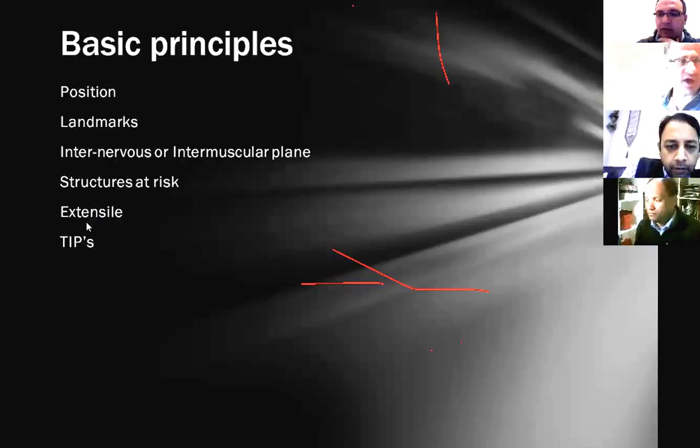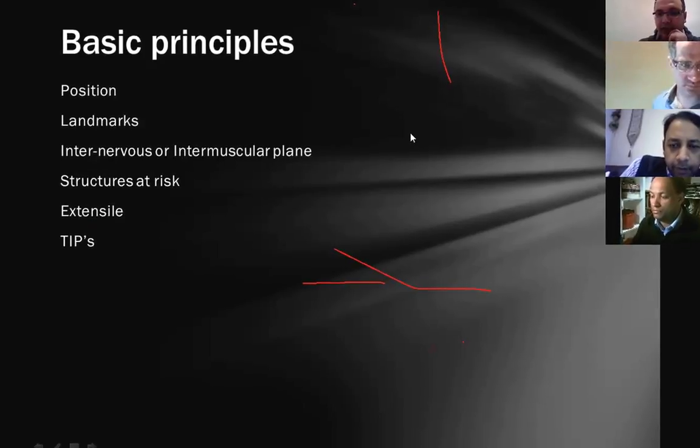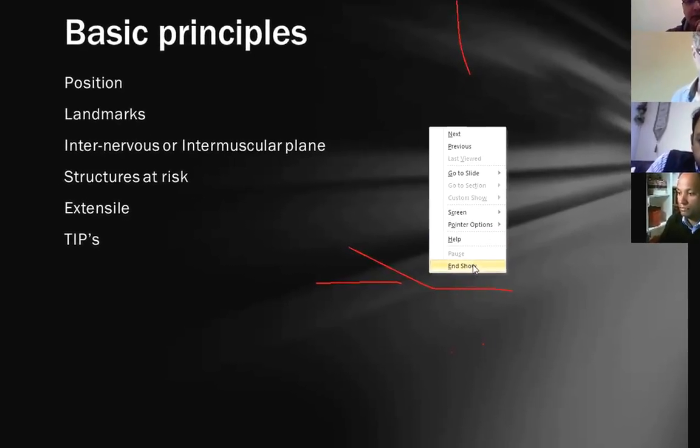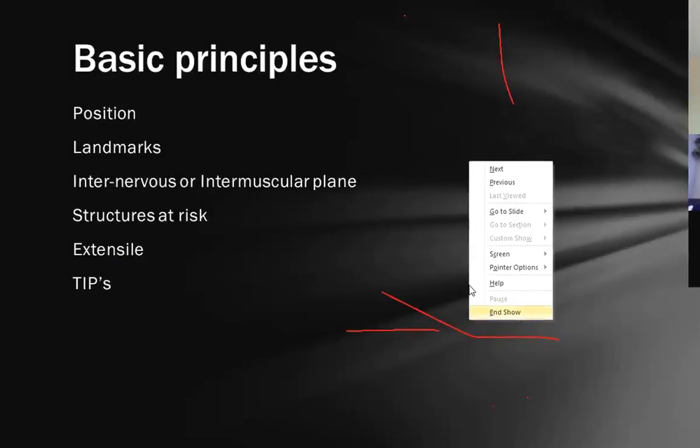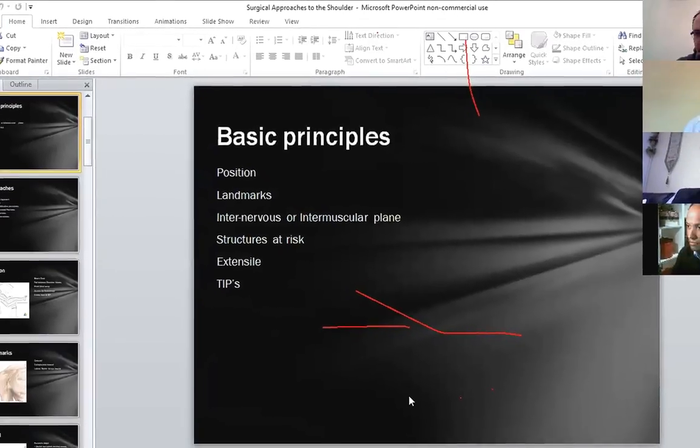Great. We had one question from Usman, and it's quite an advanced question. If you get asked this in the exam, you'll be doing extremely well, or very badly. It's about the superior margin of the pec major.